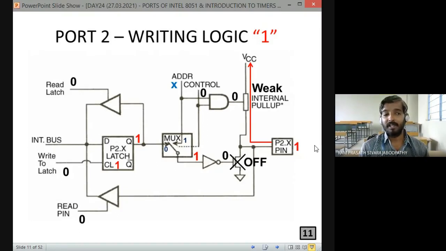That means the power you give to your microcontroller should be 5 volt. Say for example, I am going to control a motor operating at 12 volt. Then we have to provide an external power supply, and that must be controlled with the help of the port pin. These things you can learn only when you are doing a project.